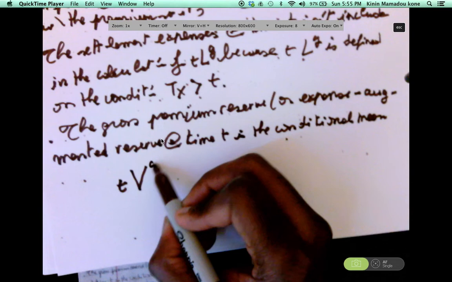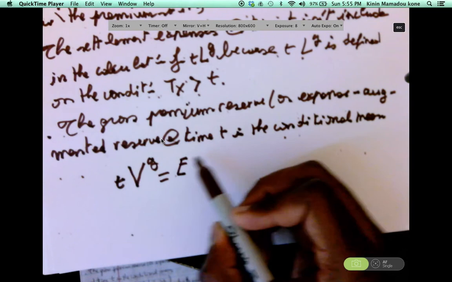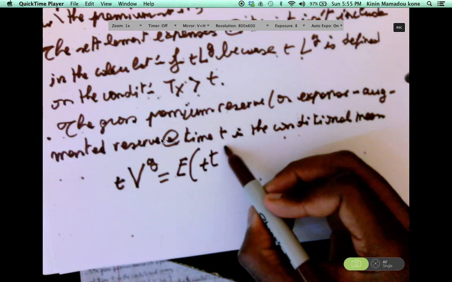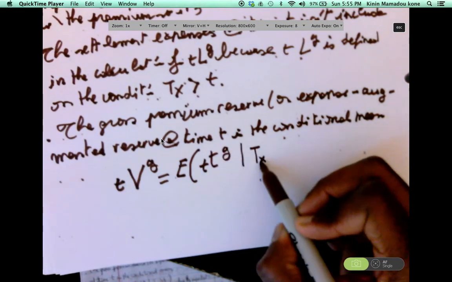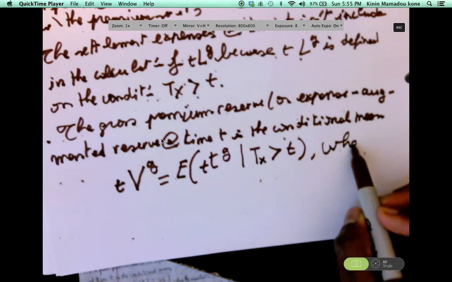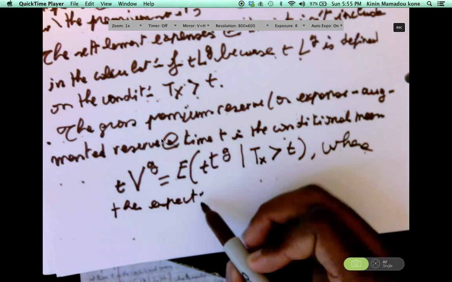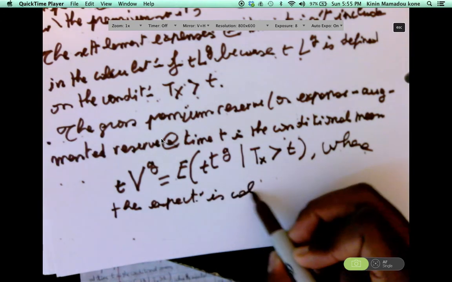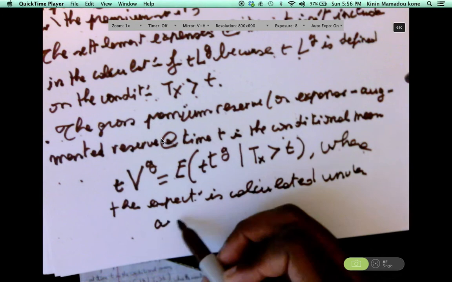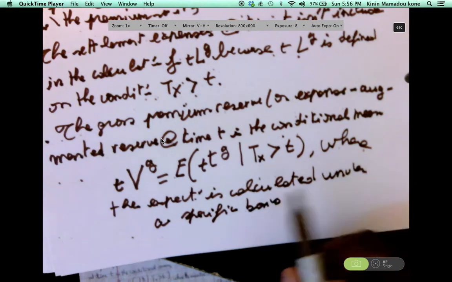The gross premium reserve, or the expense augmented reserve at time t, is the expected value of the GFL, gross future loss at time t, given that Tx is greater than t, where the expectation is calculated under a specific basis.